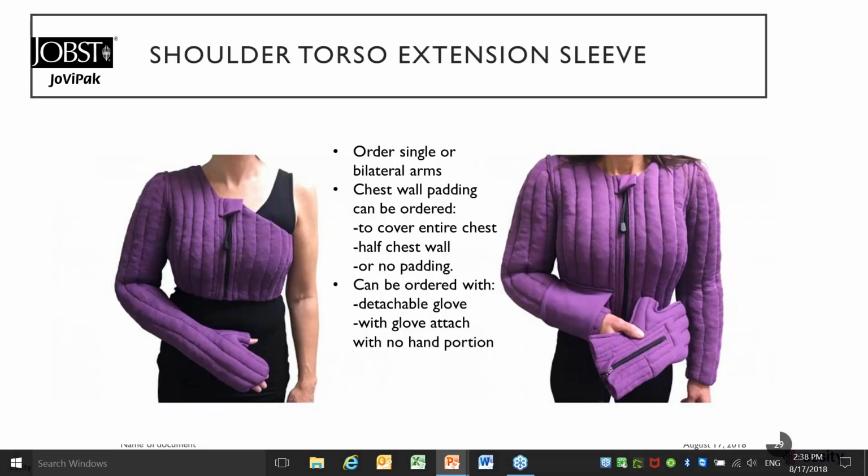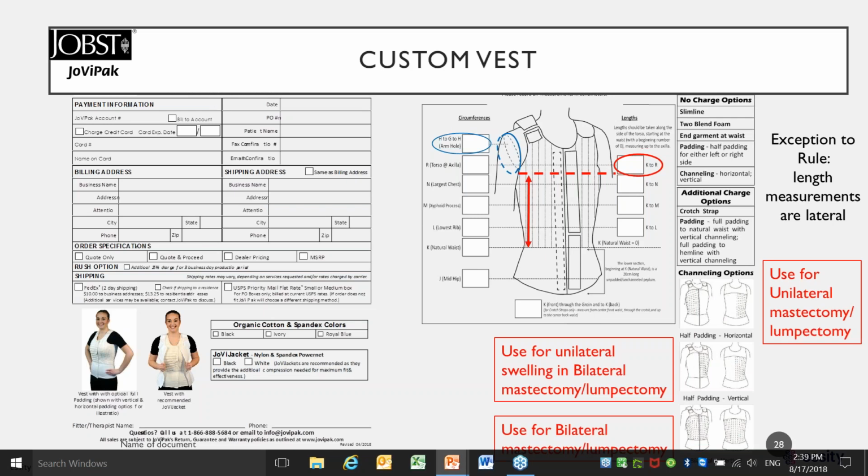You could call and ask if we need to, or you could make that in a Polartec Power Dry fabric. They have been made in that before, so you can call and see if that's something we can do for you.